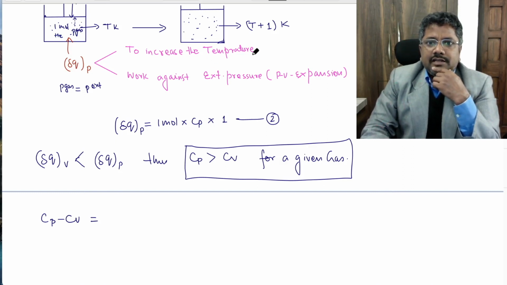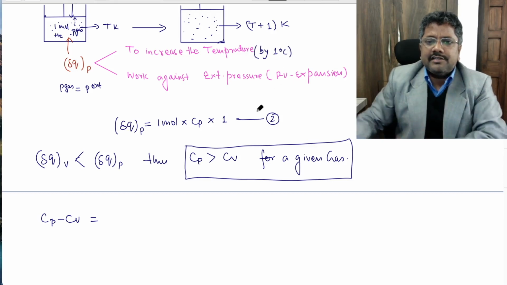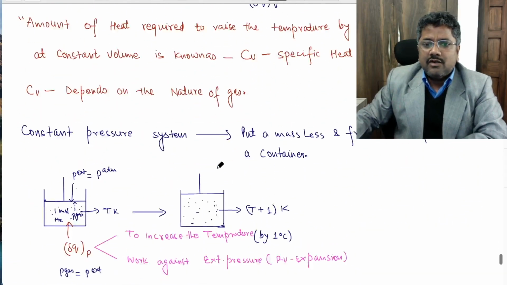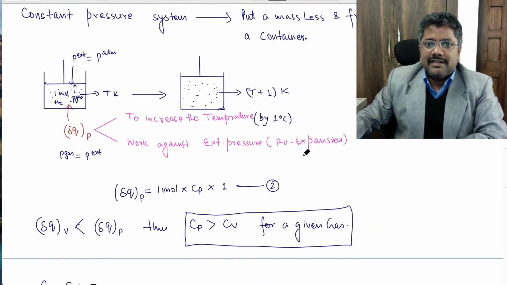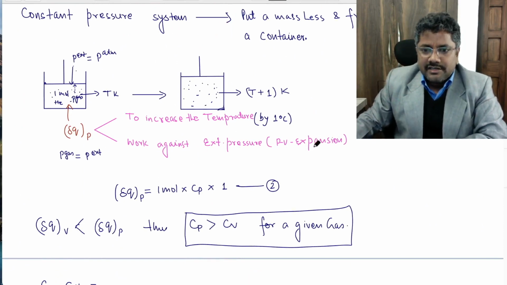To increase the temperature by 1 degree Celsius, the same heat is required whether you are taking constant volume or constant pressure. The only difference is that work against a constant external pressure, the energy equivalent to this, is added into the Cp.